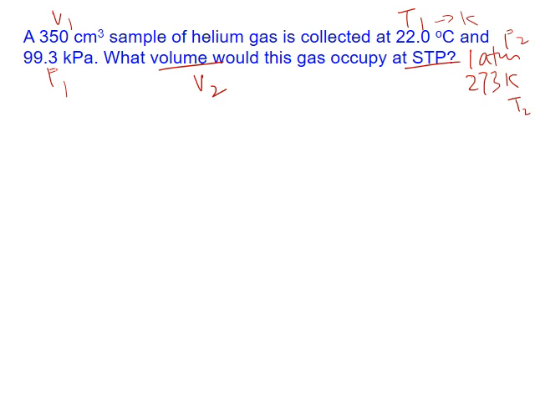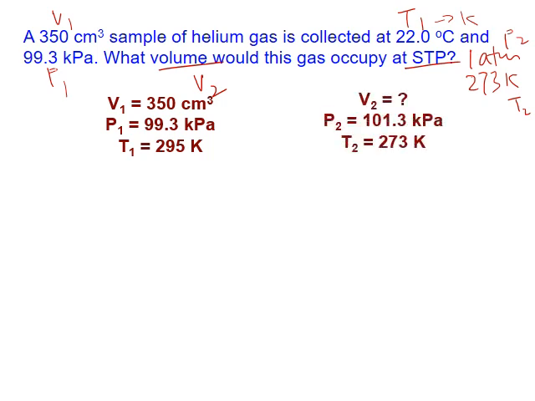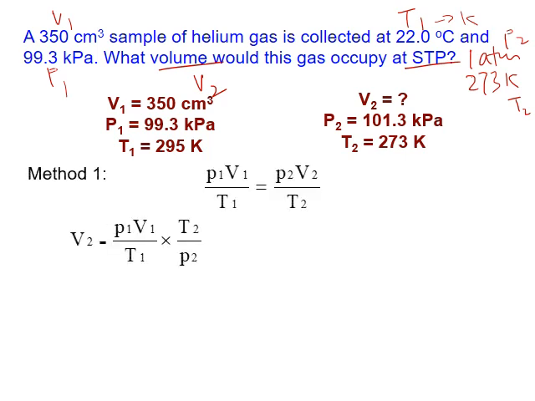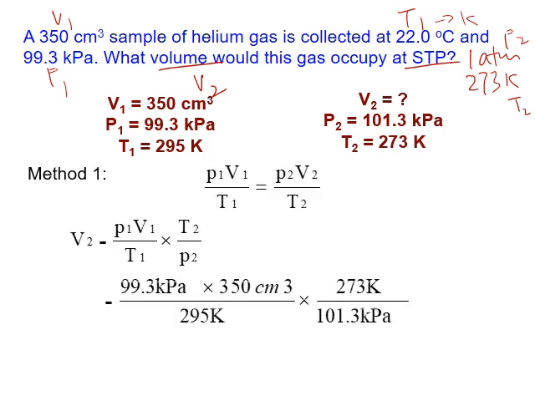So because we have different states, it's more convenient to use the combined gas law. So here is state 1, and here is state 2, and we need to calculate V2. We use the combined gas law. Okay, we can calculate V2.